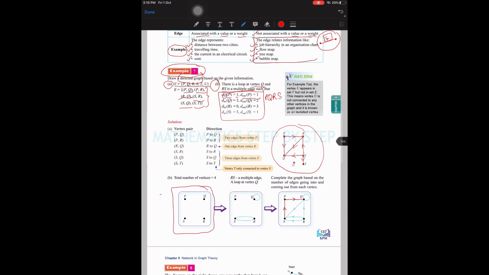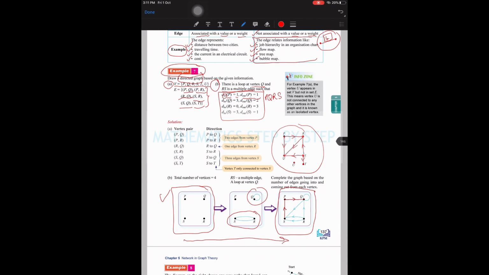This is the first information that we know: there are 4 vertices named P, Q, S, R. Then, given that there's a loop at Q and a multiple edge at RS, slowly we can draw this graph like completing a puzzle. So you have to go step by step from the left to the right. Later on we'll look at more examples.